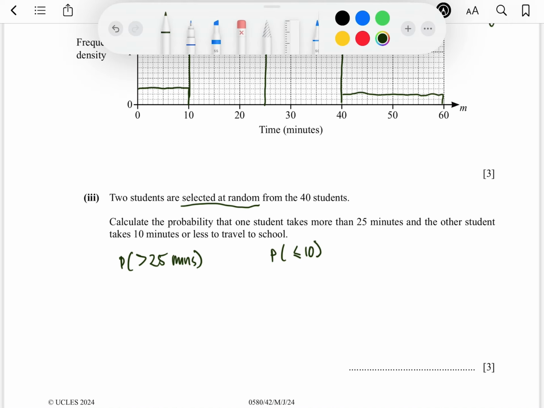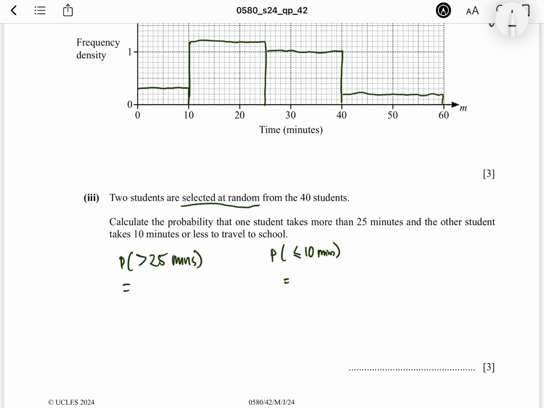Same thing. What you need to do is just find berapa over 40. Berapa student with that condition? Over 40. And after that, to get the final one, what do you do with the two fractions?